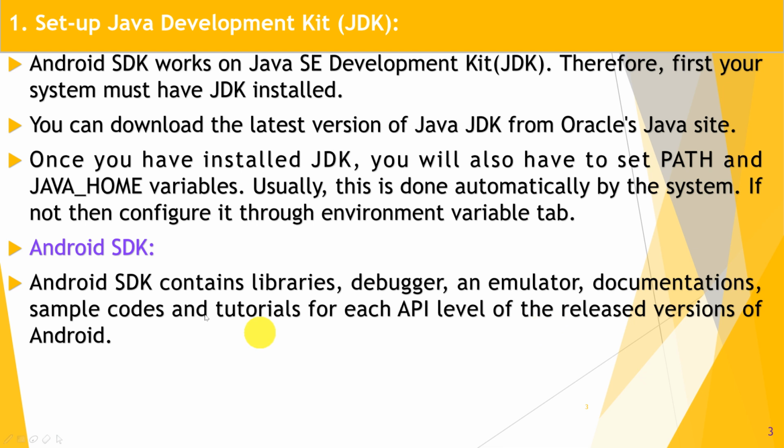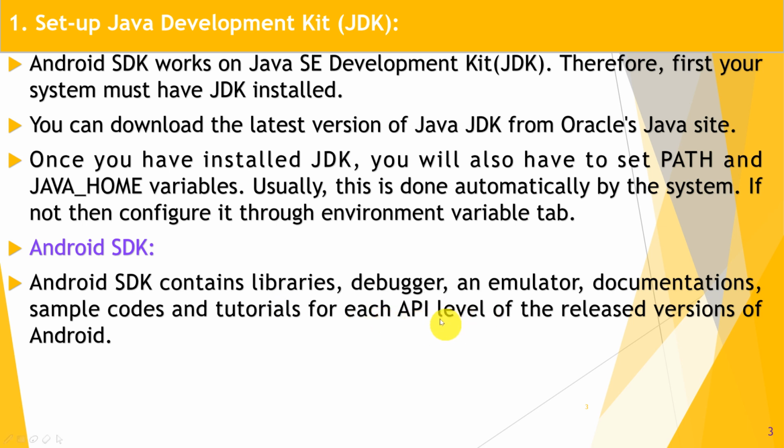So this is the most important part. This is Android's library. SDK stands for Software Development Kit. It contains everything: not only libraries, a debugger is also present, an emulator is also present, documentation, sample codes and tutorials, depending on API levels.